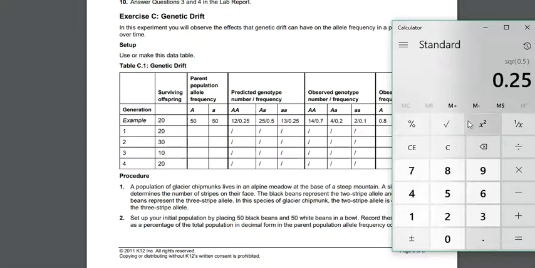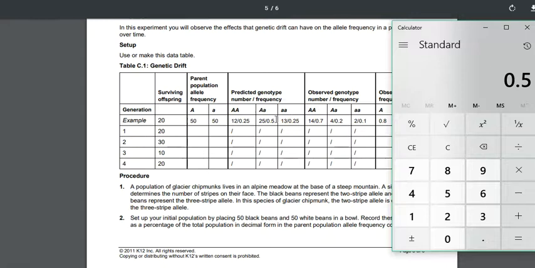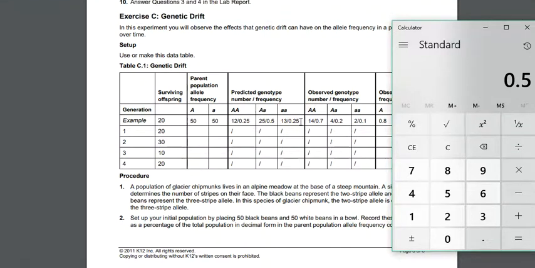So 2 times 0.5 times 0.5 gives us 0.5. And then here is our q squared, our 0.5 value squared, which gives us 0.25 again.